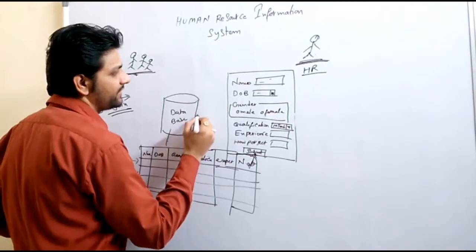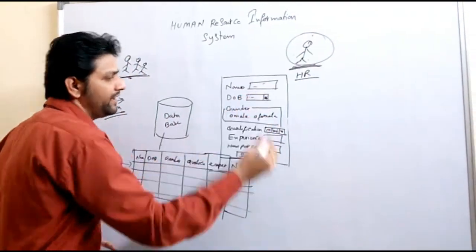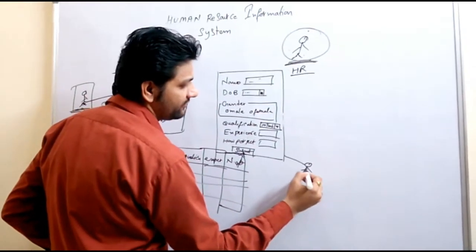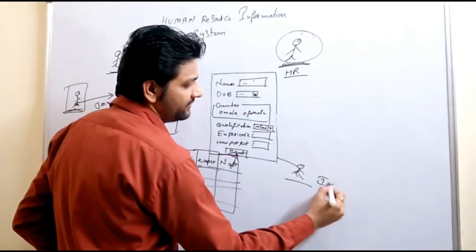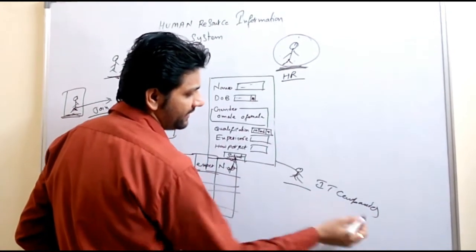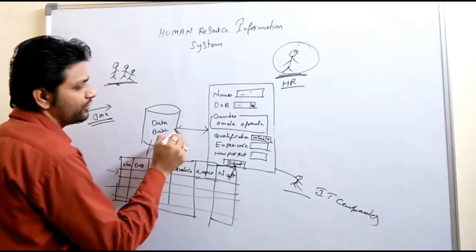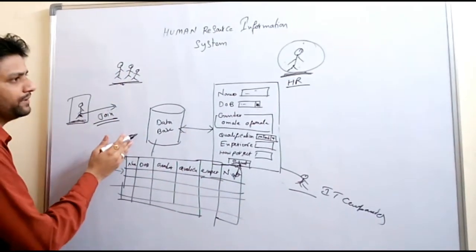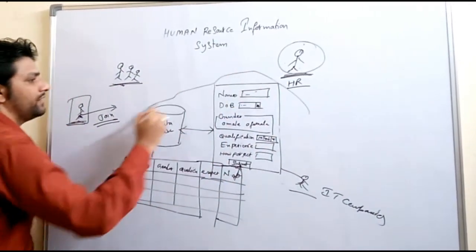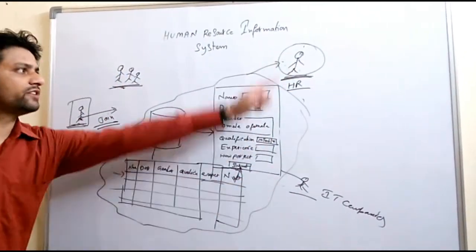This is the front end application he is seeing. This application is developed by the developers at IT companies, and the entire database is also created by these IT companies. The entire manipulation is managed by the HR.